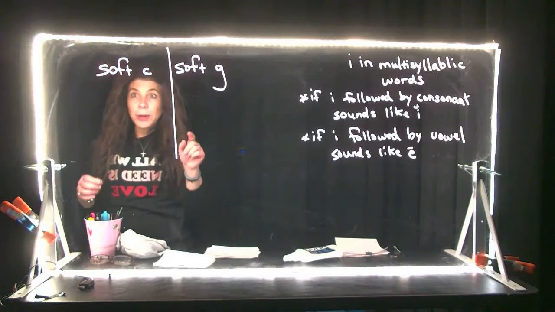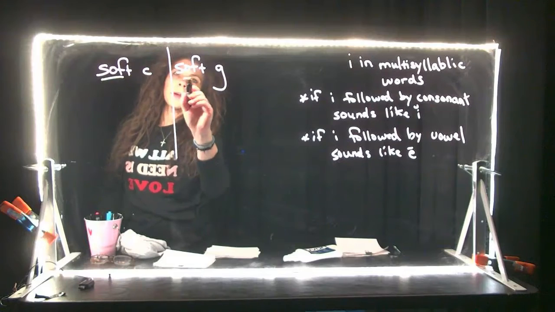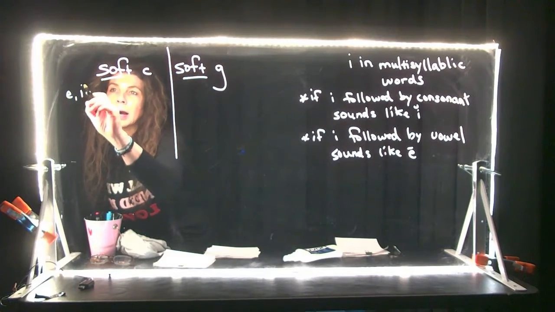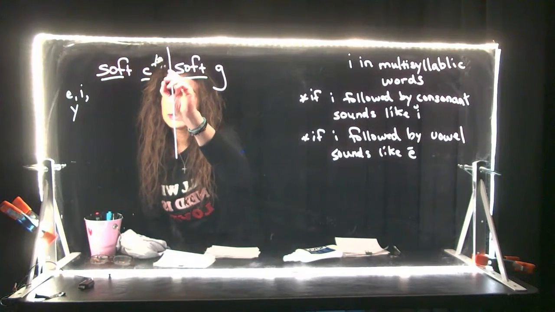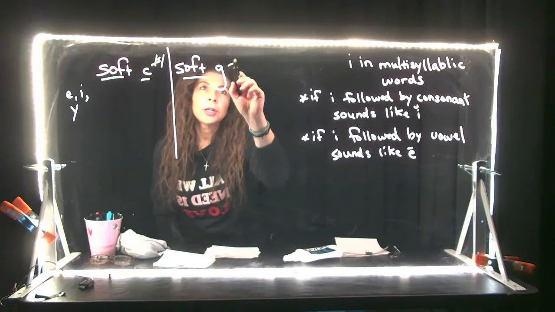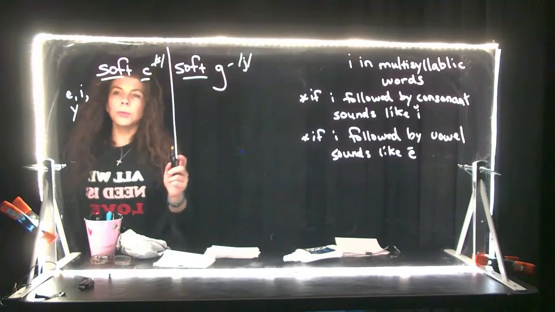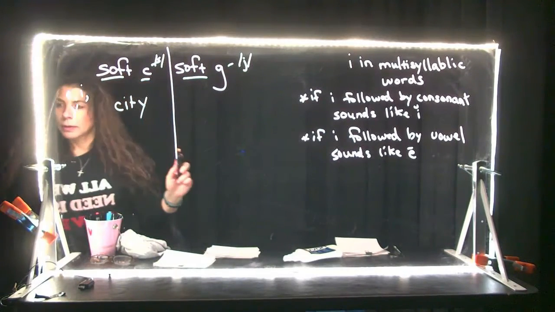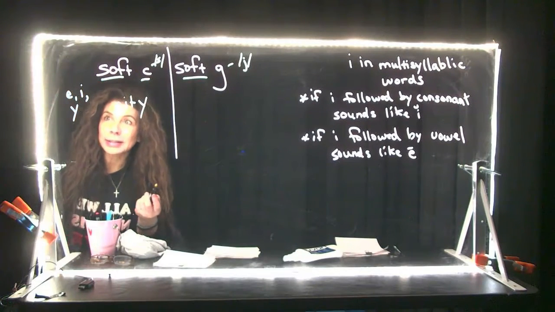Okay, third grade, remember we also talked about the soft C and the soft G. So if a C or G is followed by an E, I, or Y, the C makes an S sound, and the G makes a J sound. So remember, we had words, for example, city, followed by an I, so I don't say kitty, I say city.